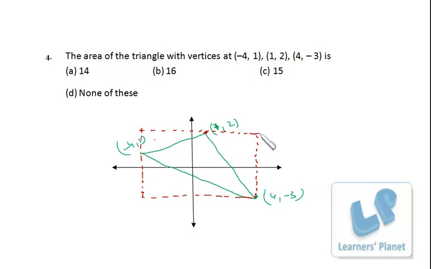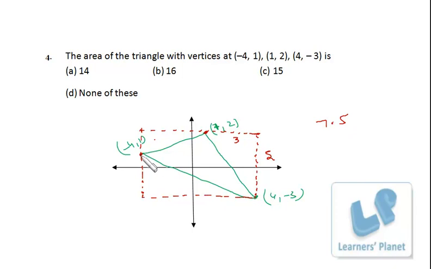See, from this point to this point, the total length: this x coordinate is 1 and here the x coordinate is 4, so this length is 3. Over here the y coordinate is 2 above and the y coordinate is 3 below, so this total length is 5. So the area of this triangle will be 5 into 3, 15 by 2, that is 7.5.